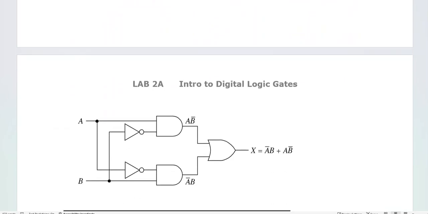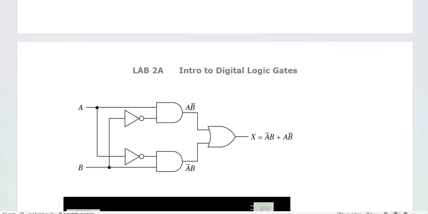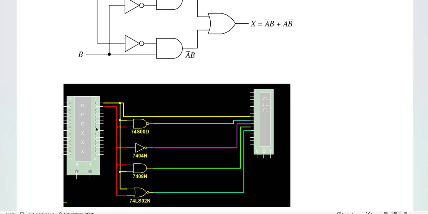Now, we've done this. This is the equation for what? An exclusive OR gate, right? Here we're using a word generator to generate that pattern, and then a logic analyzer to look at that.